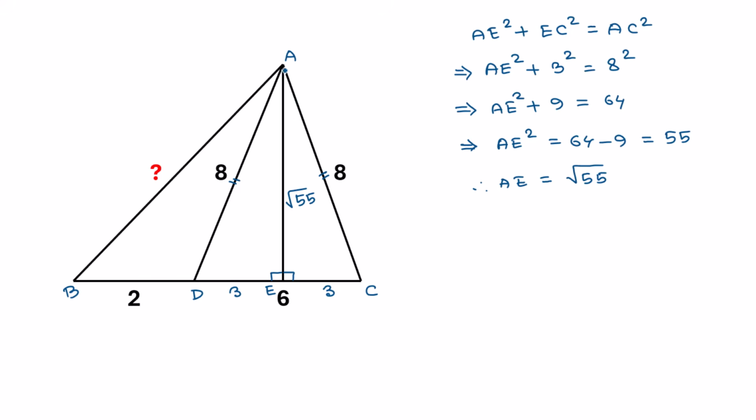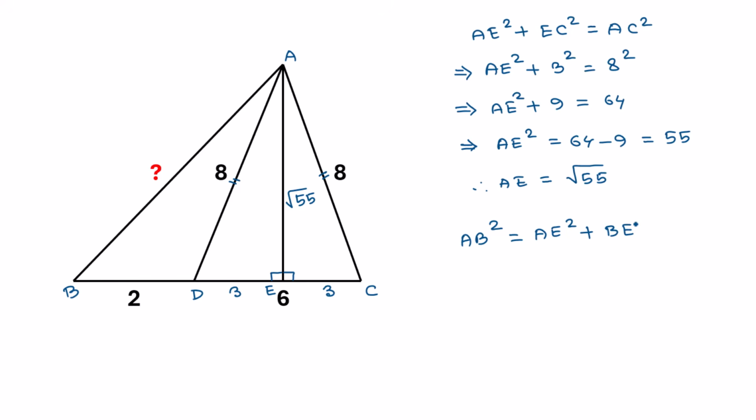Now focus on triangle ABE. This is also a right angle triangle because this angle AEB is 90 degree. So applying Pythagoras theorem here again, we can write this AB square is equal to this AE square, this height AE square, plus base this BE square.